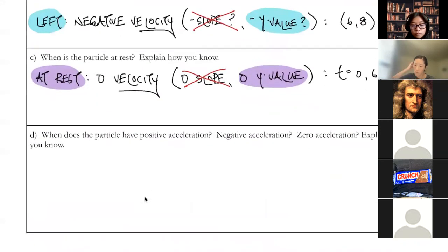All right, so we've got one last question here, which is when does the particle have positive acceleration? Okay, so we haven't talked a ton about acceleration. I'm wondering if someone can remind me of how acceleration fits into position and velocity.